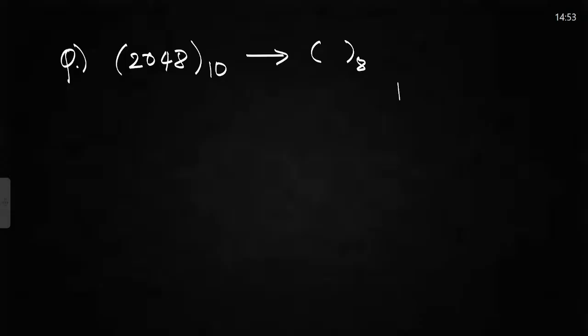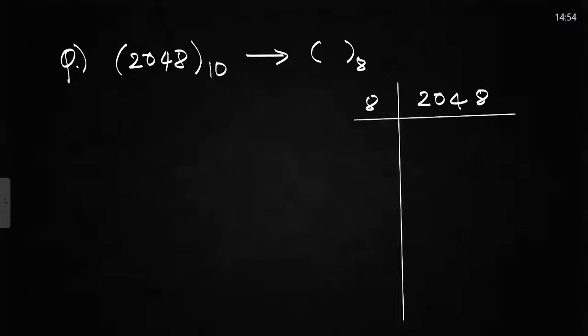So first I will draw this one. Now 2048 divided by 8, 8 fours are 32, 8 fives are 40, so remainder 0. Then 8 sixes are 48, 8 sevens are 56. 56 will be how much?